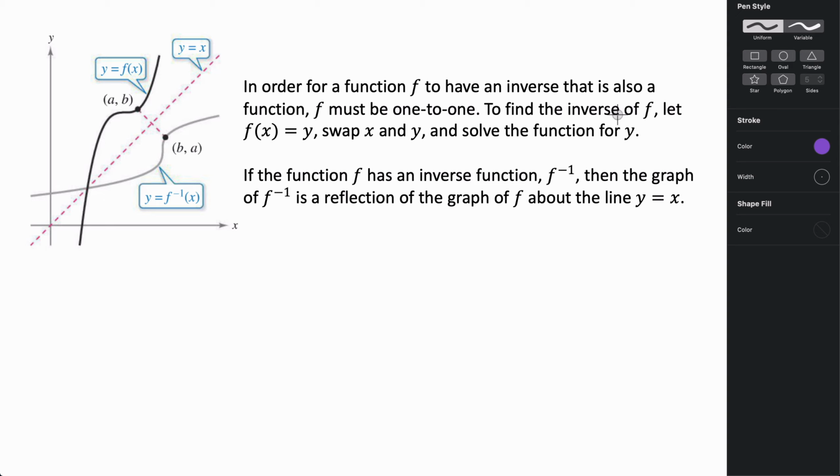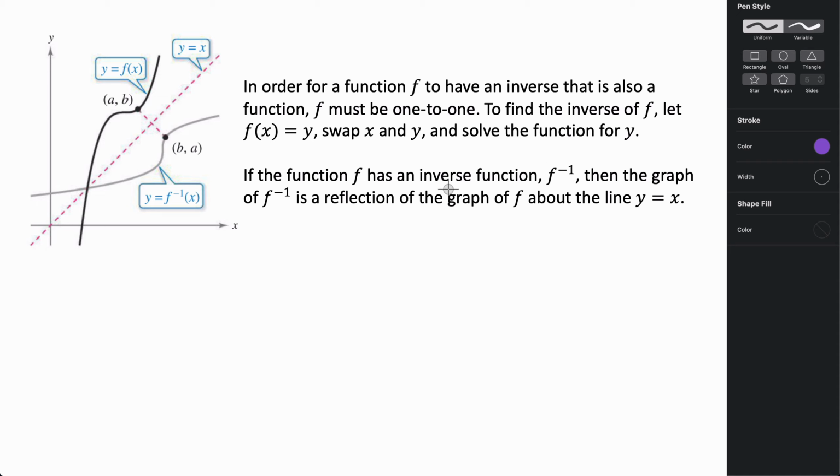Now, if we're trying to find an inverse of our function, basically you take it out of function notation by letting y equal f of x, and then switching x and y, solving for y. If the function has an inverse, we denote it with this notation here. It looks like it's a -1 exponent, but it's not, because remember, a -1 exponent means it's 1 over f, but this is the inverse function of f.